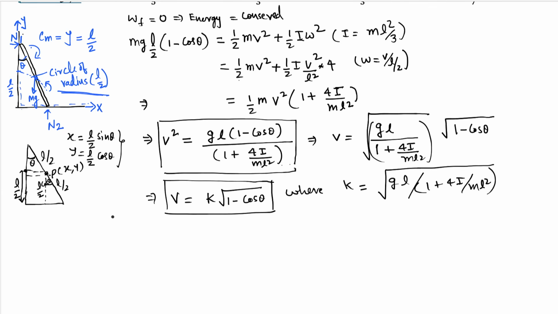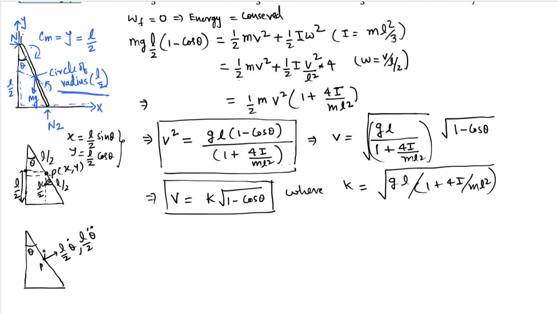Okay, so this v, let's analyze this once again. This is theta, this is continuously increasing. So the velocity of this point P is nothing but L by 2 theta dot, and the acceleration is L by 2 theta double dot, right? This is how it is going.